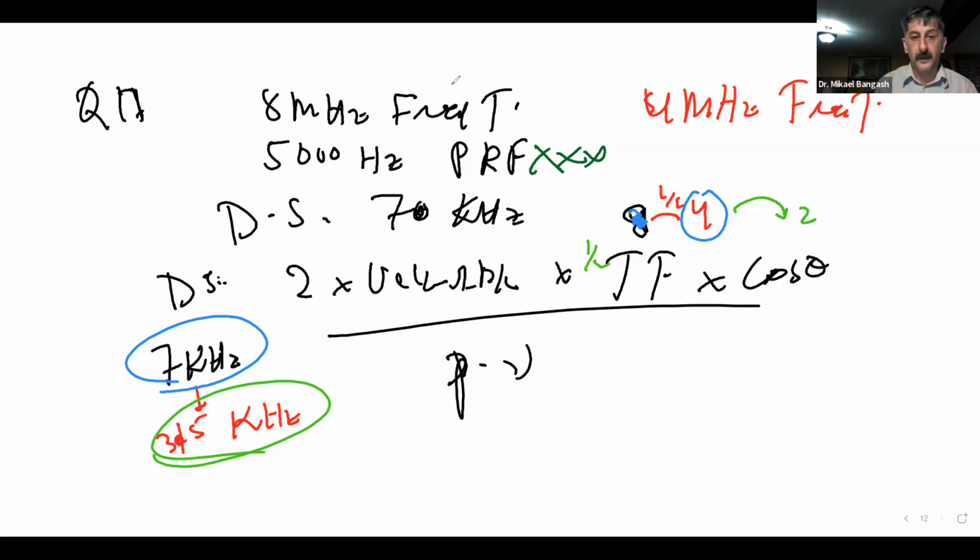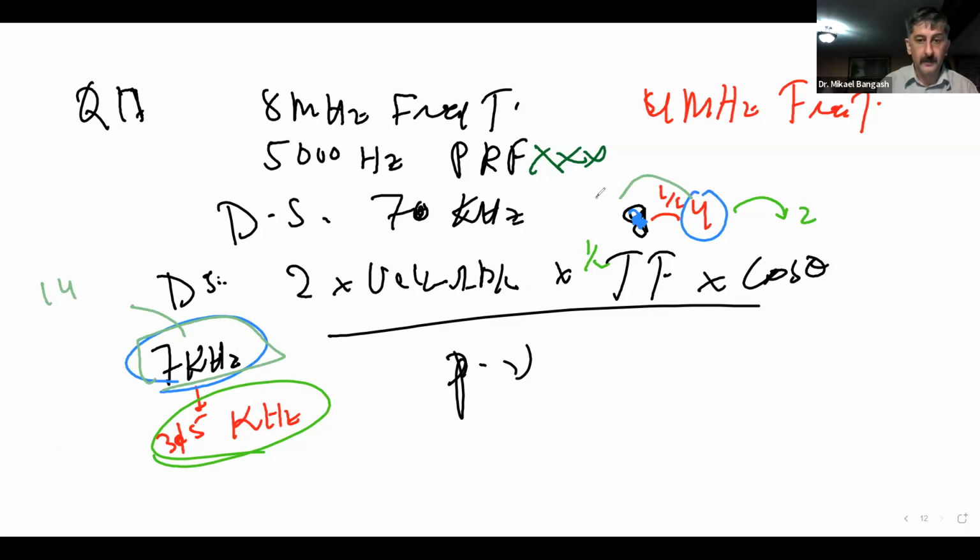If you went the opposite way and doubled it, you could have got 14. At a frequency of 4 megahertz we had this as our Doppler shift frequency.